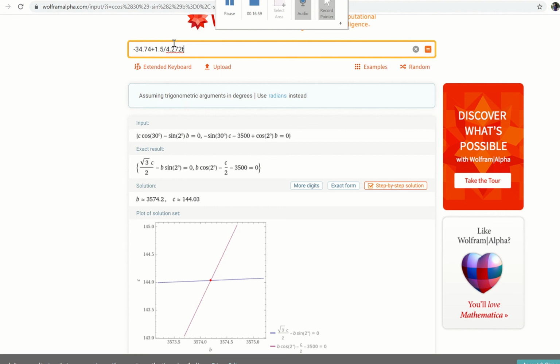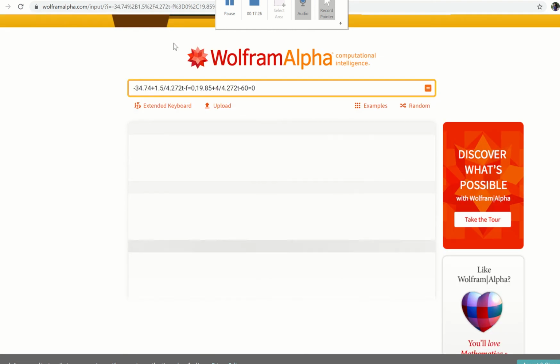Then plus 0 minus F. So T and F are my two variables, equals 0. Then the next equation is going to be 19.85 plus 4 over 4.272, then times T, then minus 60. That equals 0. Those are the two equations, and enter it.